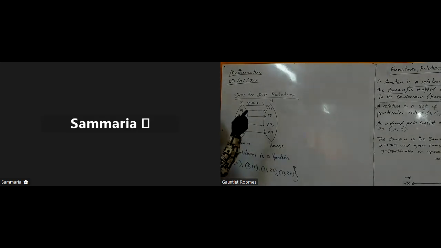All right, so it is clear from definition and from illustration that this relation is a function. Why? Because it is clear that each element in the domain is mapped onto one and only one element in the range. And that is what makes a function a function.